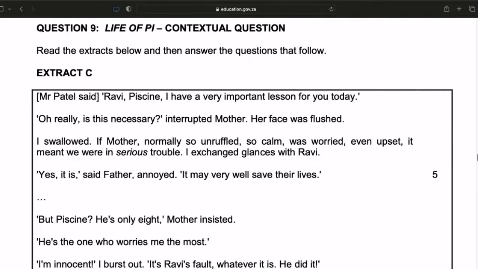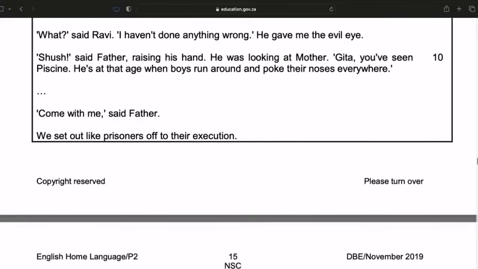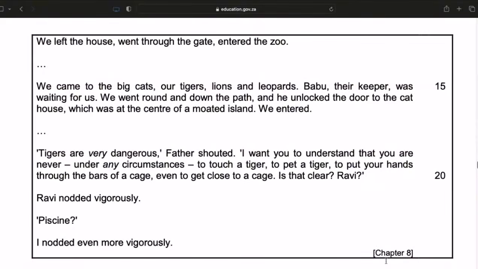So grade 12, the first thing you do, and many of you might assume that you read. No, you don't read. What you do, you locate the chapter. So you will notice I have chapter 8. You see there in the right hand corner at the bottom, chapter 8. Why is that important? It is important because you need to understand the novel in terms of its chronological order.